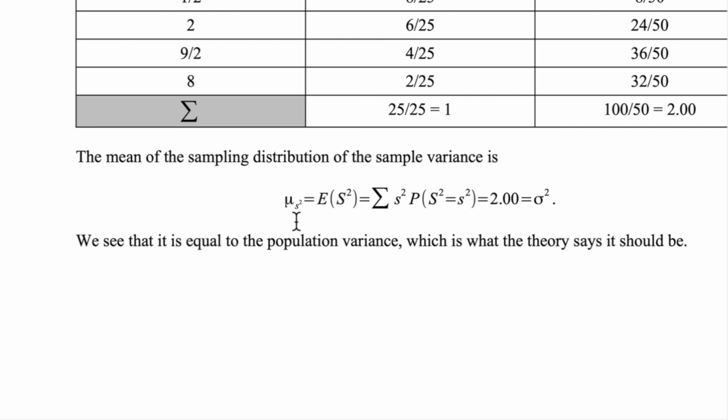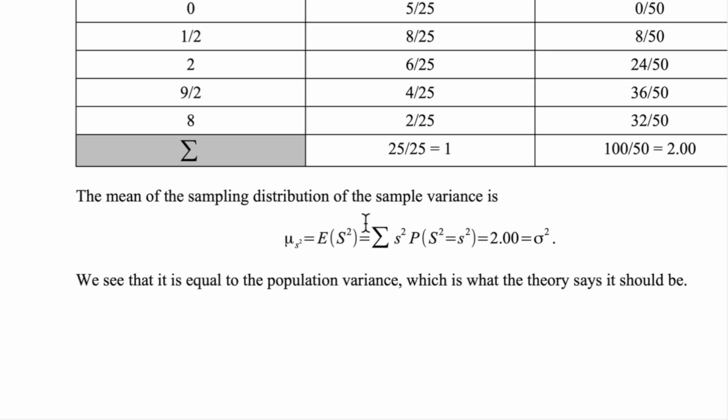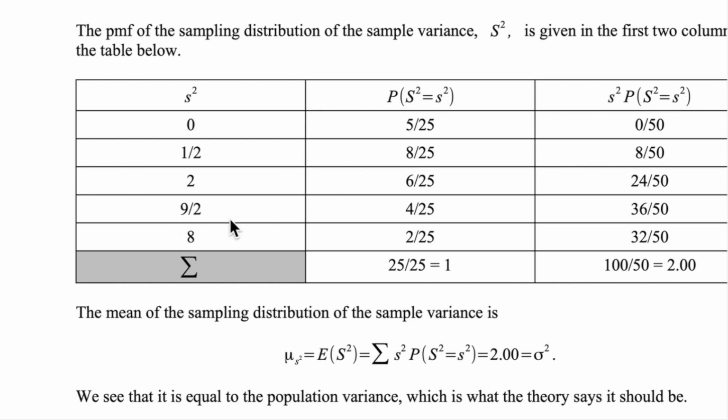You can see it. But we can also denote it this way, the expected value of S squared. Now again, this is a weighted average of the values taken on by S squared, okay? And the weights being the probabilities associated with the particular values of S squared. And so this summation here is the formula for the expected value of S squared, or in other words, the mean of the sampling distribution of S squared.